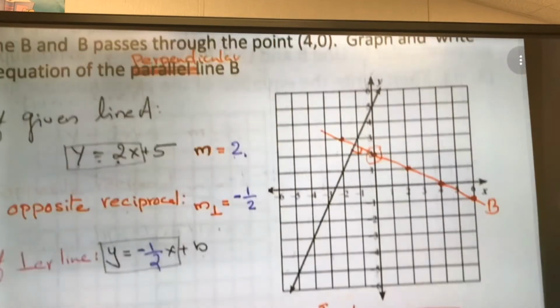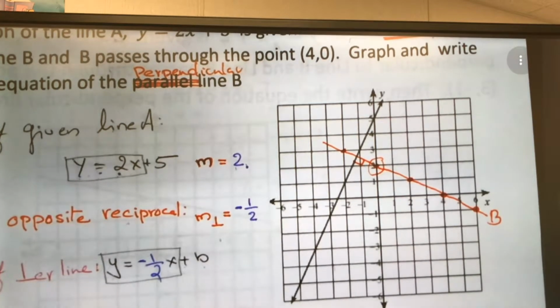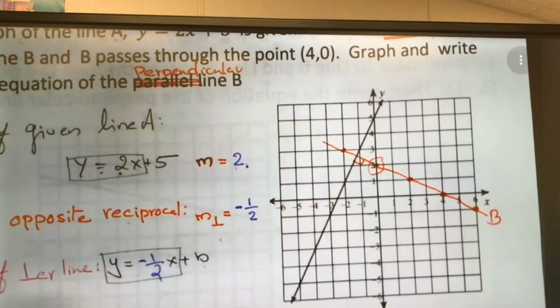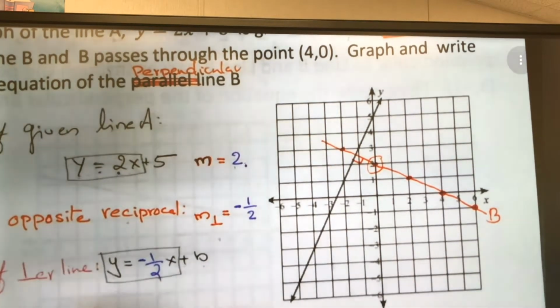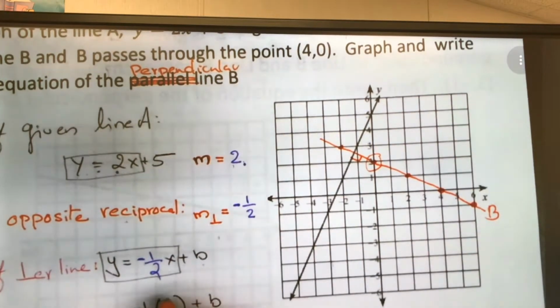Or we can use the algebraic method. So we are given the point (4, 0). So plug in 4 for x and 0 for y. So my y is 0, equal to negative 1 over 2x plus b. My x is 4.